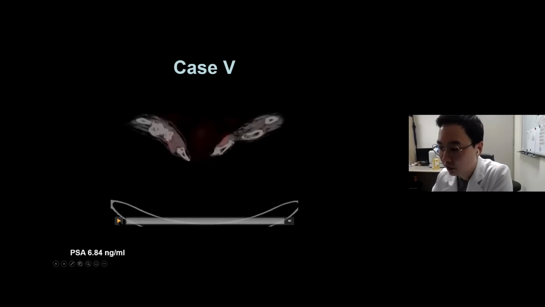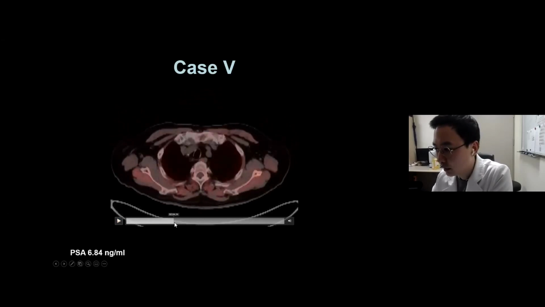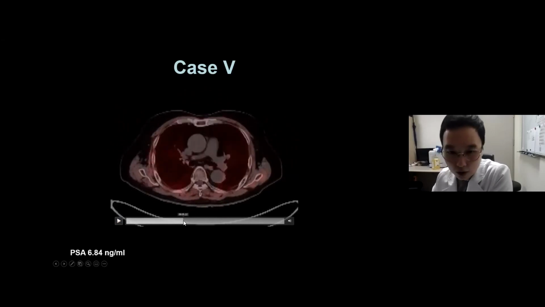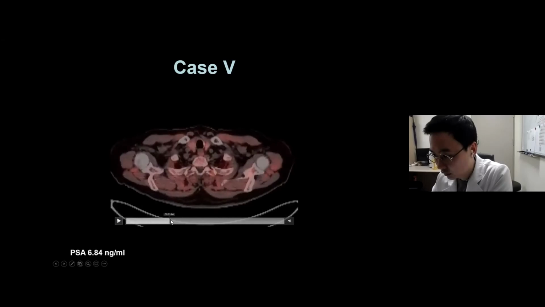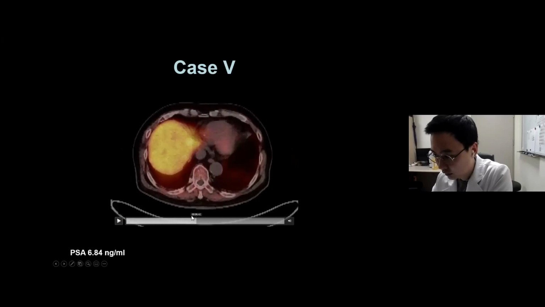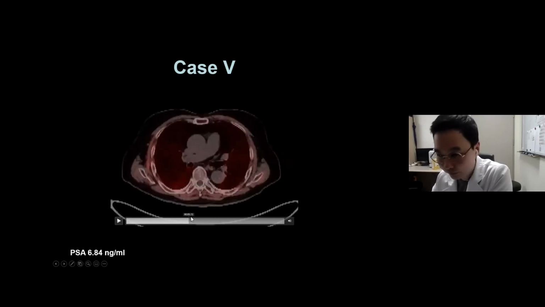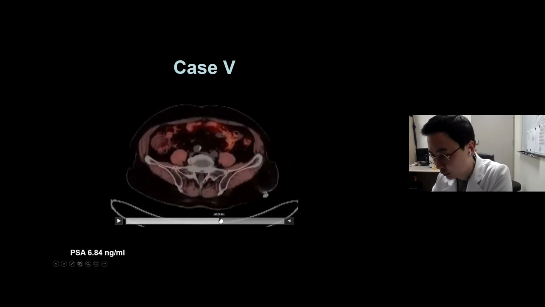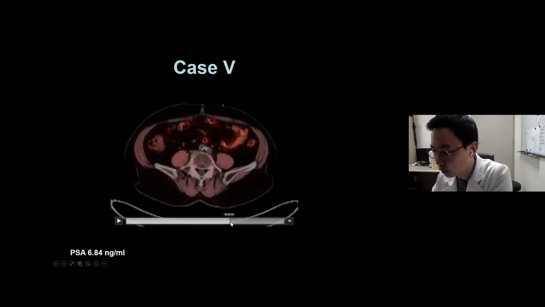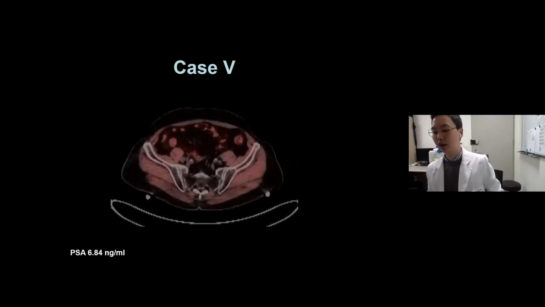So we additionally did a choline PET for evaluation. And actually we found more lesions in the left scapula, and lesions in the T-spine were actually visualized by the choline PET. Also lesions in the lumbar spine were seen. So more newly appeared bone metastases were confirmed using the choline PET compared to the bone scan.